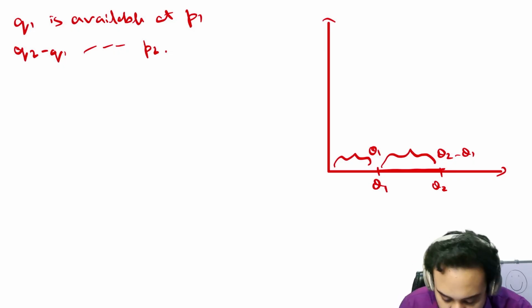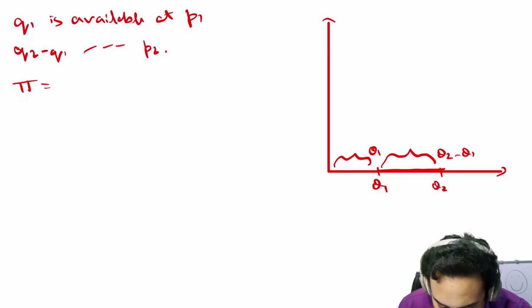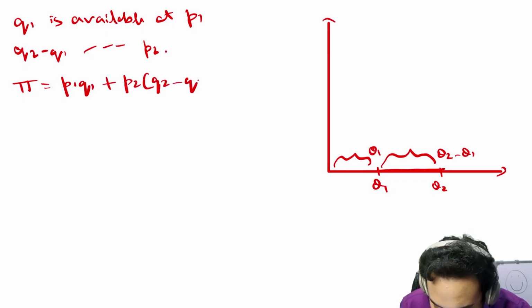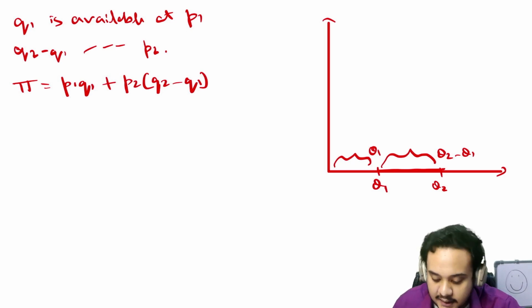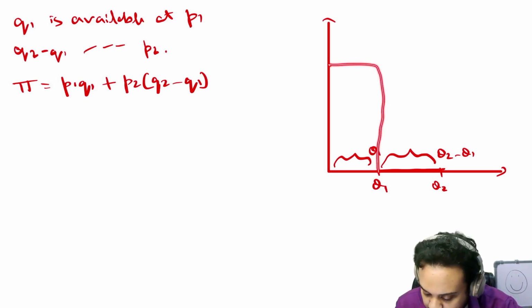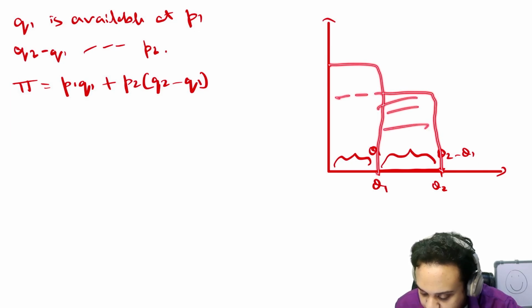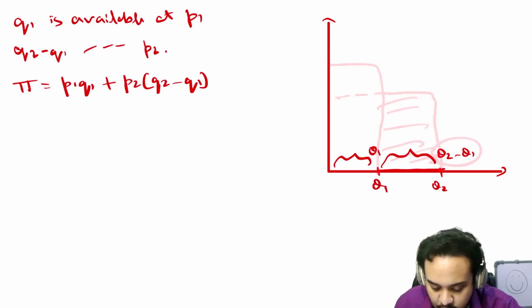First of all, we are going to talk about the total revenue, which is the first part of profit. So our total revenue will be P1 into q1 plus P2 into (q2 minus q1). This is your total revenue, right? This block and then this block, right? Lower price, but only this much, which is q2 minus q1.